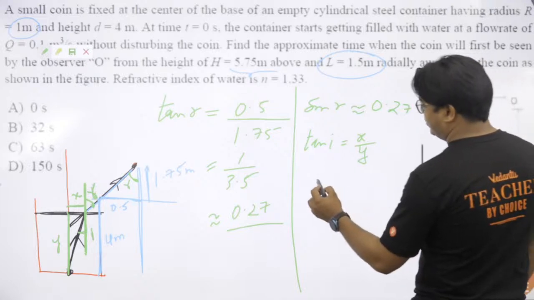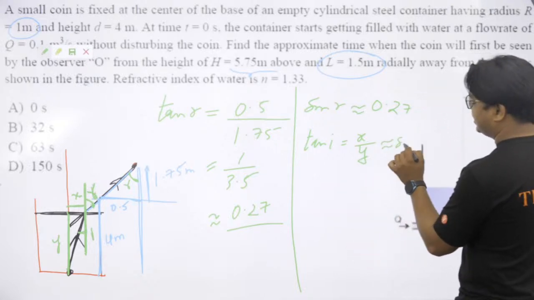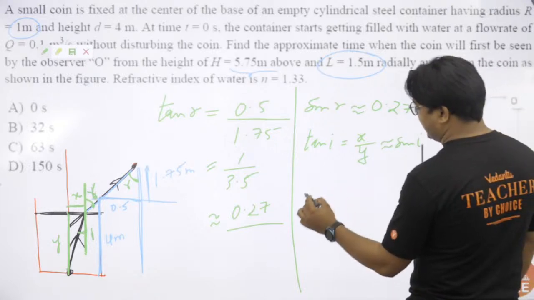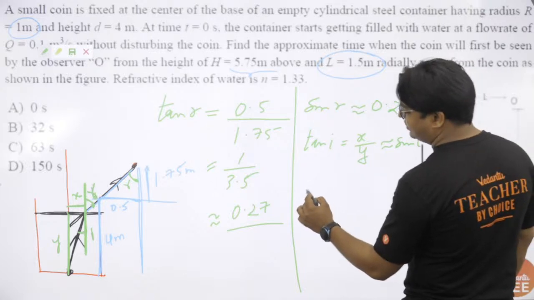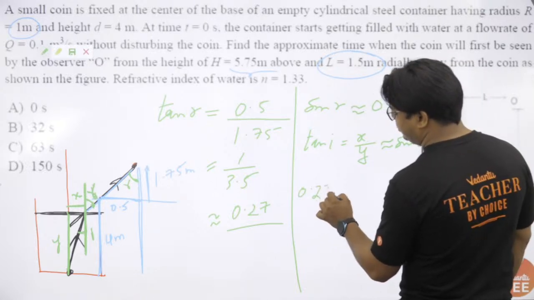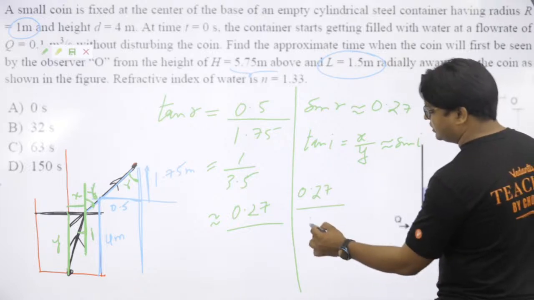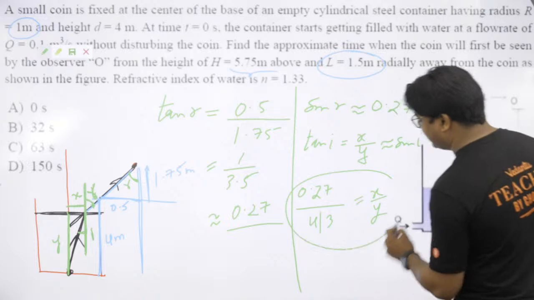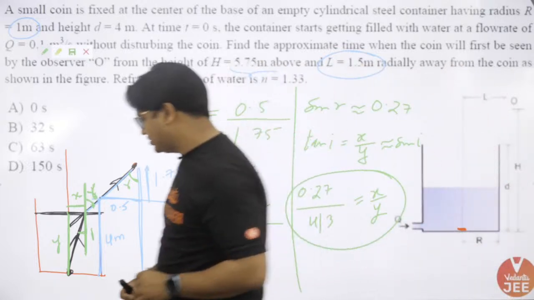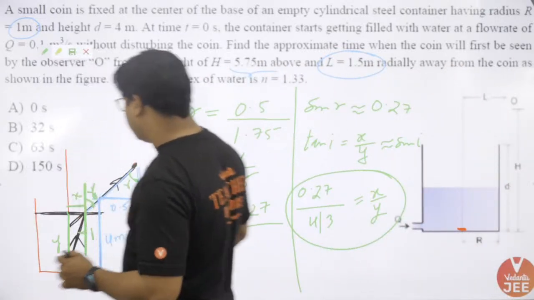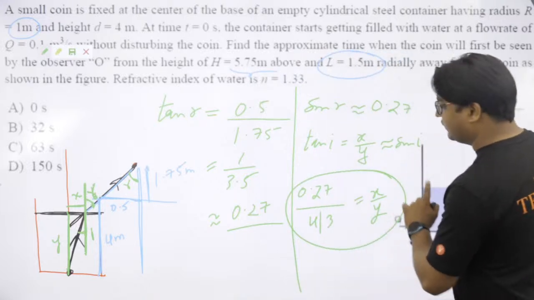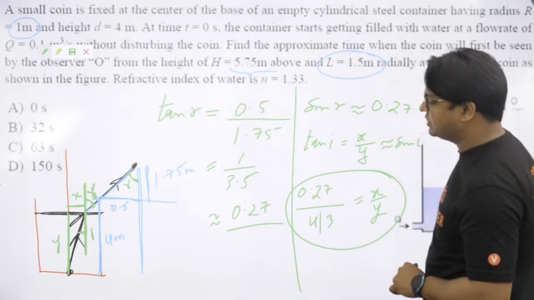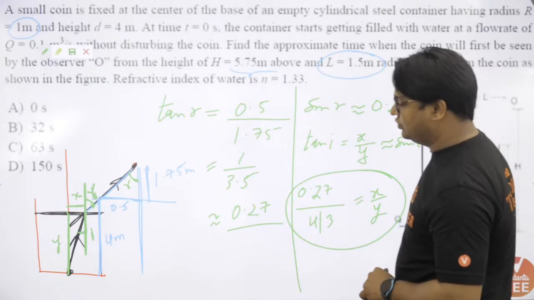Tan i can be approximated as sine i, and sine i is sine r, 0.27, divided by mu, which is 4 by 3. So this is one relationship between x and y. We need one more relationship between x and y to solve this question.